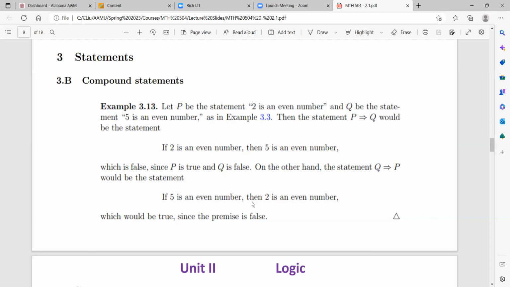And that's not the case in here. So the truth value of this compound statement is actually true, since the premise is false, it's not the only case of false by definition.